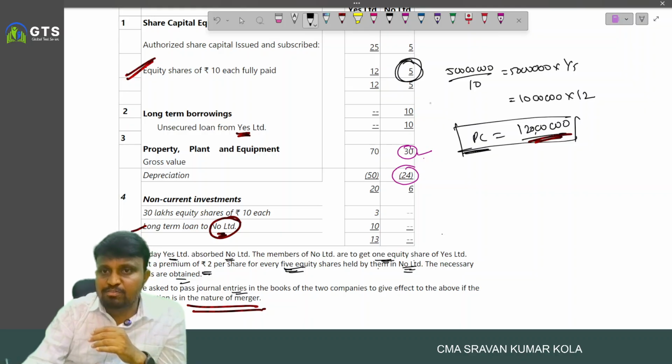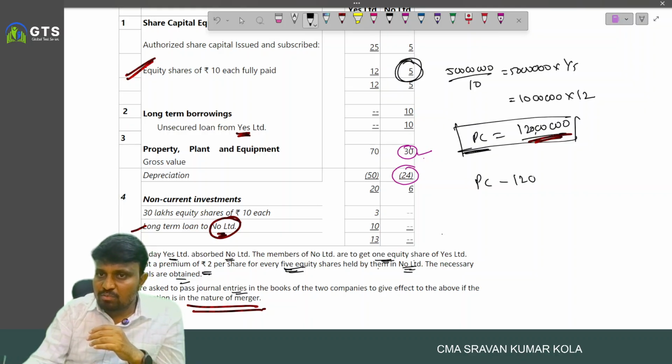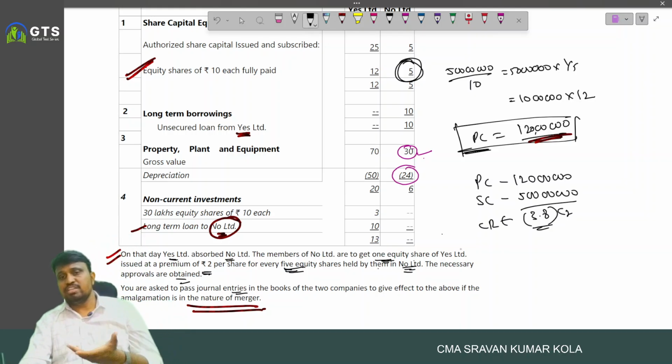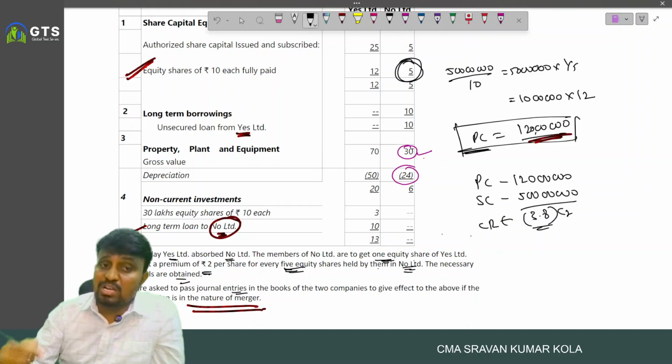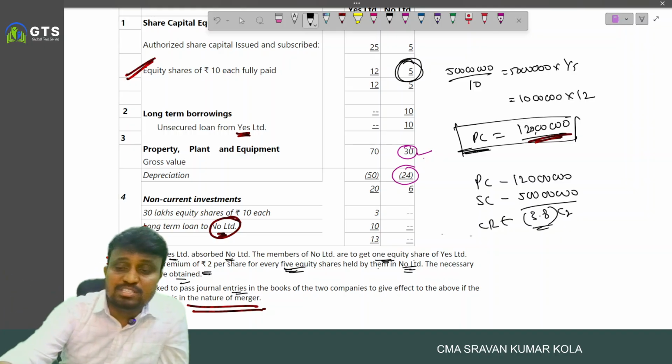What is the share capital here? 5 crore. PC 1 crore 20 lakhs. Share capital 5 crore, and the difference is 3.8 crore negative. So it is also transferred to capital reserve. But here we have to transfer all assets and liabilities, including reserves and surplus.